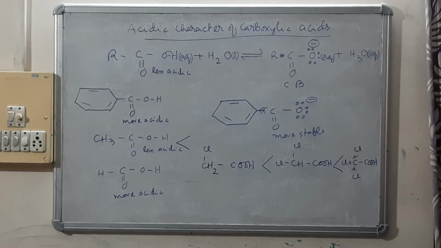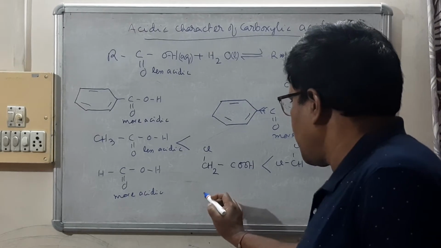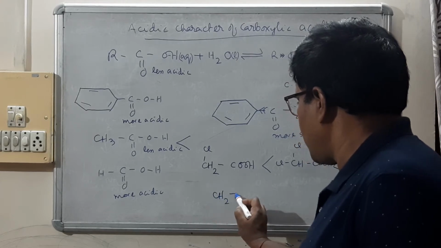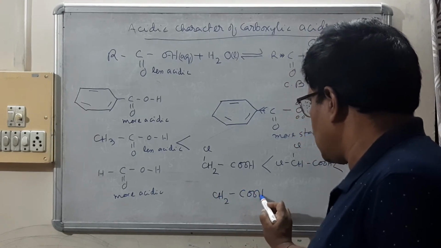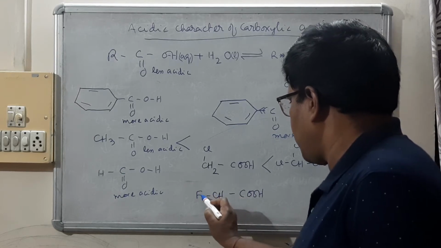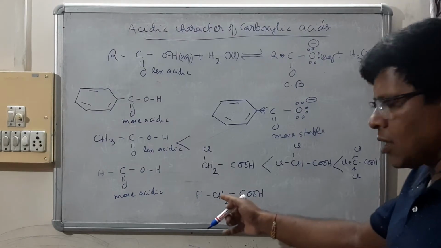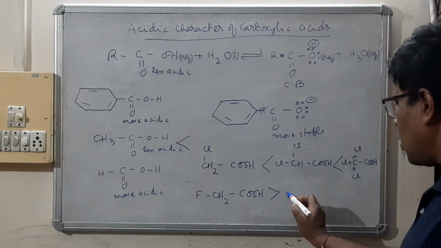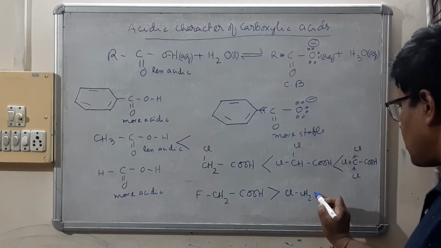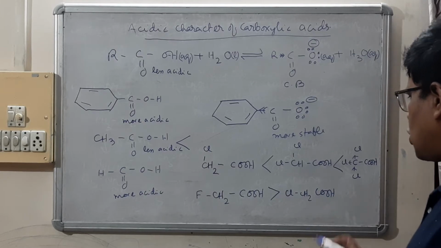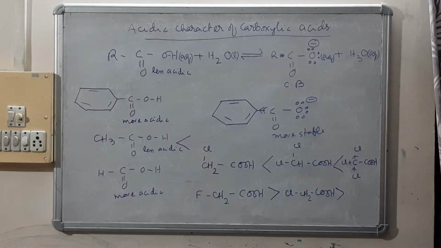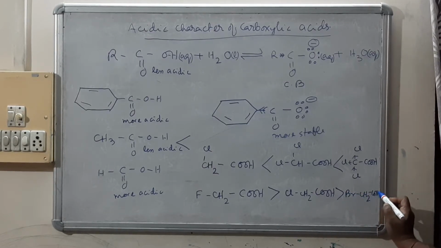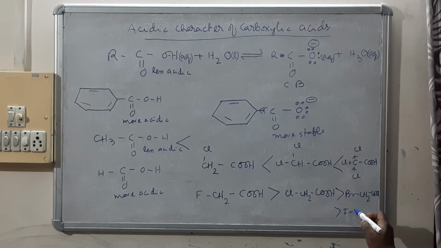Suppose you are asked about this case, say CH2 COOH with F. This one is chloroacetic acid. It will be more acidic than this one, this one will be more acidic than the next, and the next will be more acidic than CH2.